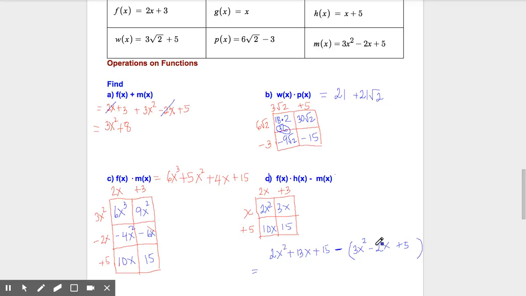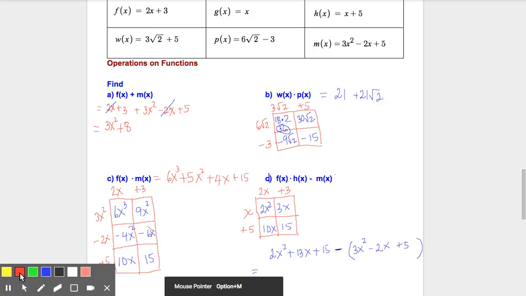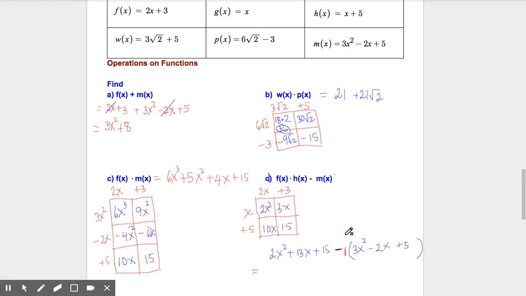So we have to subtract this whole thing, and that means that we have to distribute the 1. There's a 1 hiding here, and so we will multiply each of these terms here by -1.